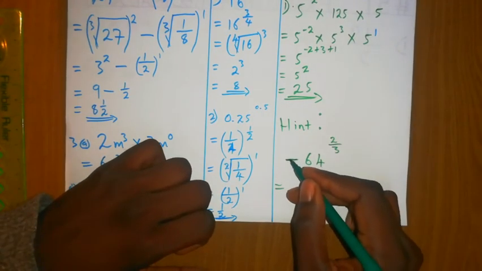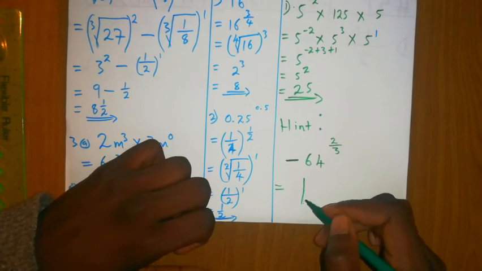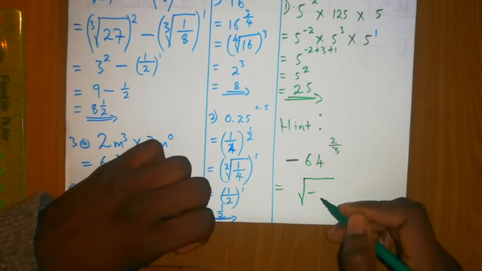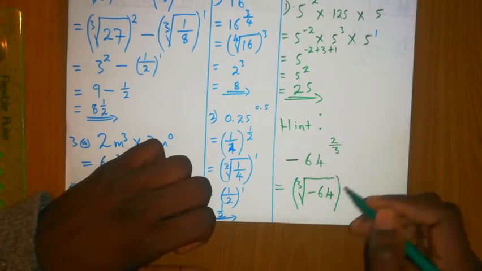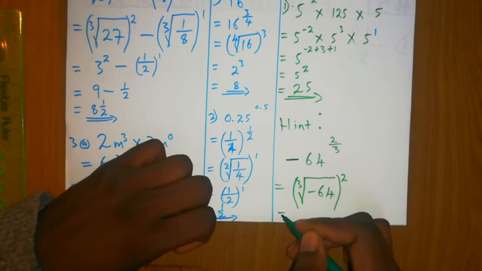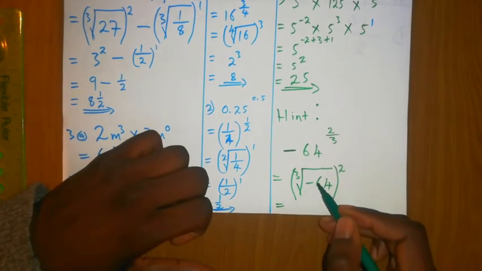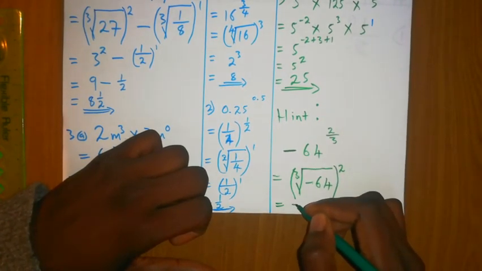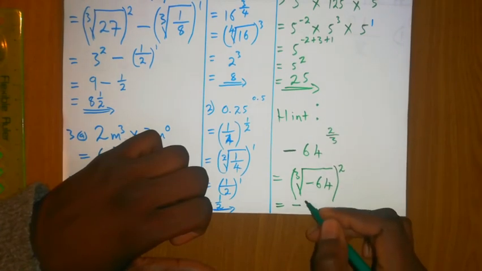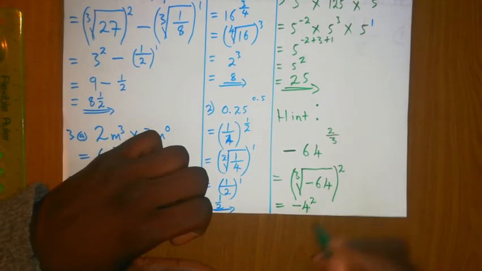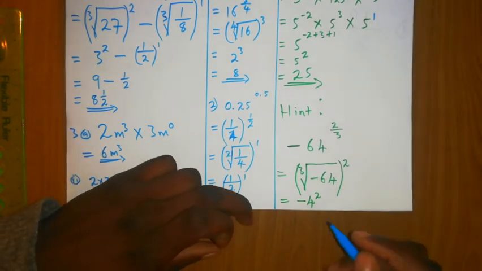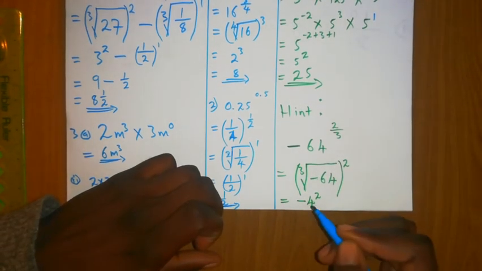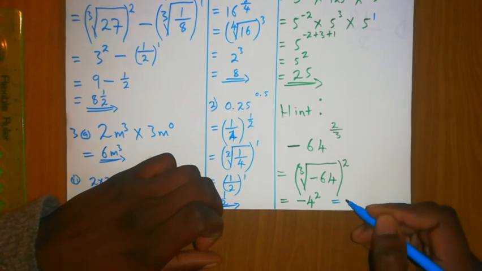I'm going to use this -64 as it is in my third root of -64, then to the power of 2. The third root of a negative number is automatically going to be negative 4, raised to a power of 2. Now, if a negative number is raised to an even power, we obtain a positive number, because this is the same as -4 times -4. Your final answer is going to be 16.